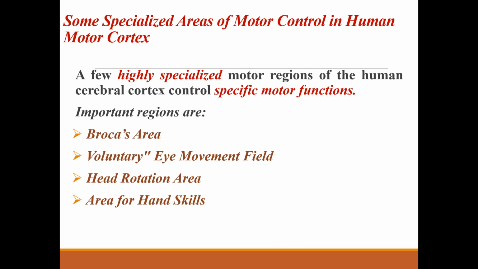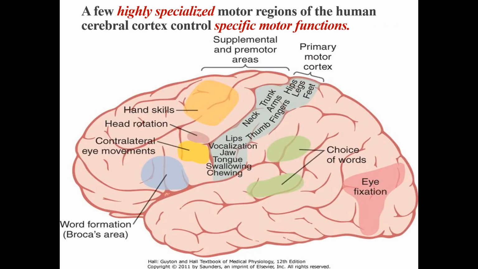Some specialized areas of the motor control in human motor cortex. A few highly specialized motor regions of the human cerebral cortex control specific motor functions. The important regions are Broca's area, voluntary eye movement field, head rotation area, and area for hand skills.